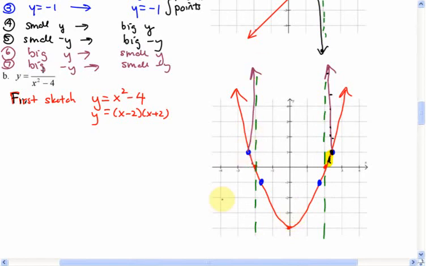All right. I'm on step number 5. When the original has small negative y values, the reciprocal has big negative y values. So where are my small negative y values? That's like these things here that I'm going to highlight in green right now. So what happens to them?